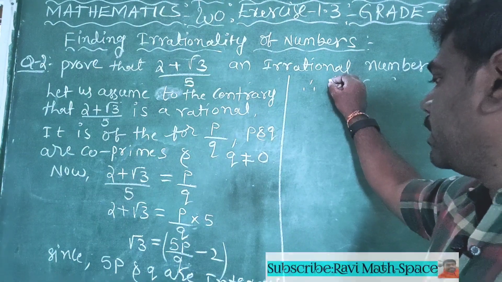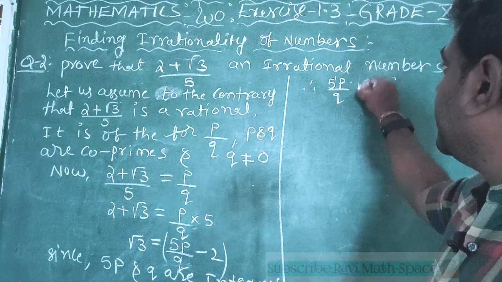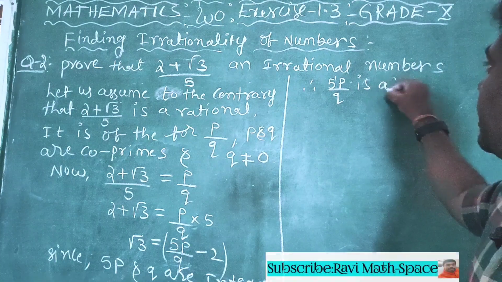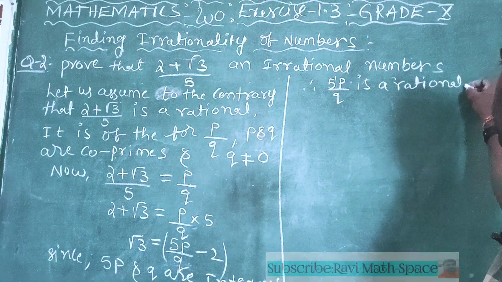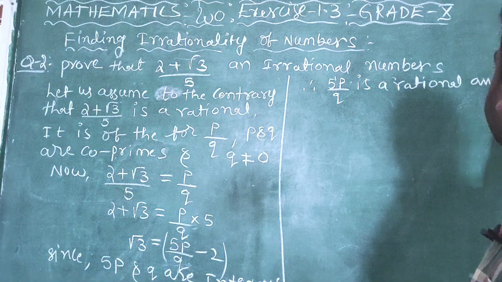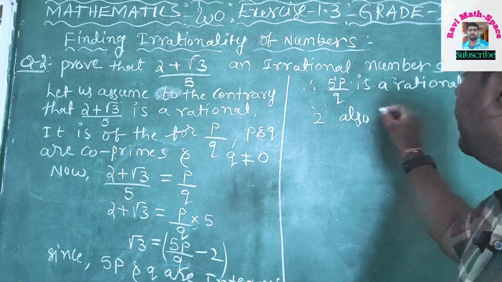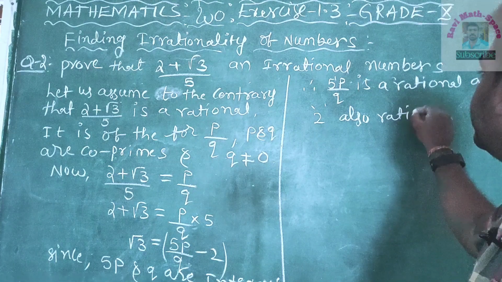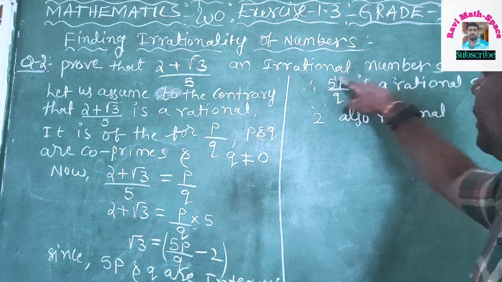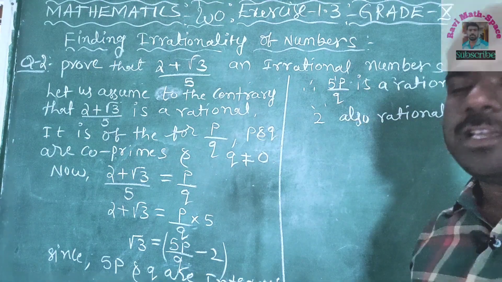Therefore 5P by Q is rational, as well as 2 is also a rational number.